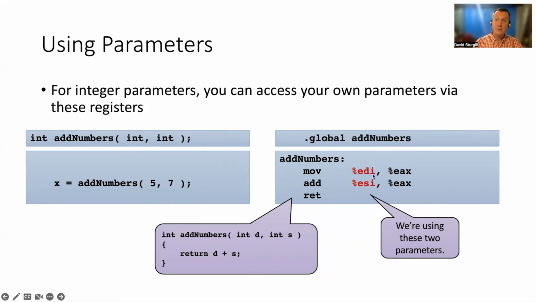For returning the result, I know that needs to be in the AX register. If I'm returning an int, then I can put that in the low order 32 bits of AX, so EAX. So I just copy the first parameter, EDI, to EAX, and then I add in the second parameter. And then when I return, the return value is already in the register where the caller is expecting it.